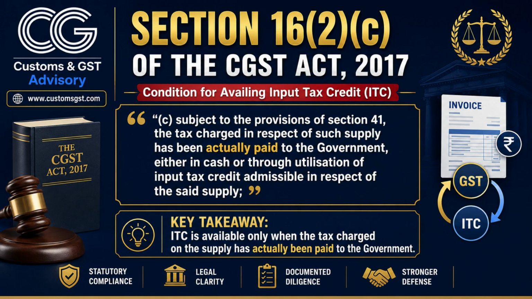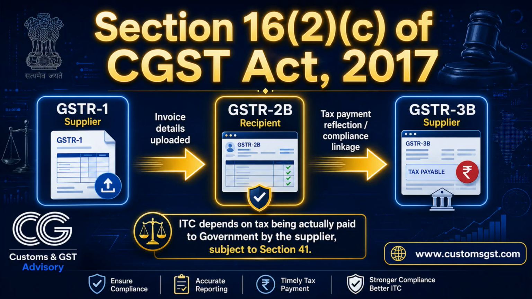But how is GST actually paid? This is where theory and administration diverge. Invoices are reported individually through GSTR-1. Recipients see those invoices in GSTR-2B. However, tax is not discharged invoice by invoice. The supplier files one consolidated GSTR-3B.